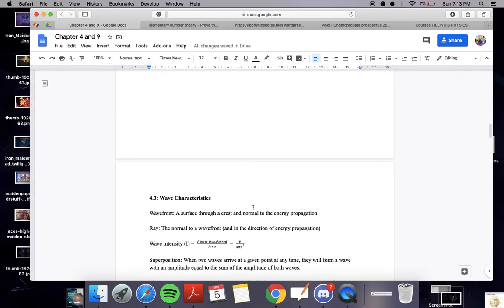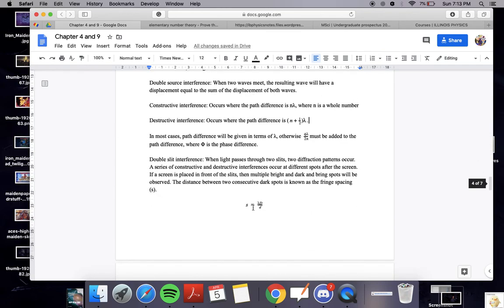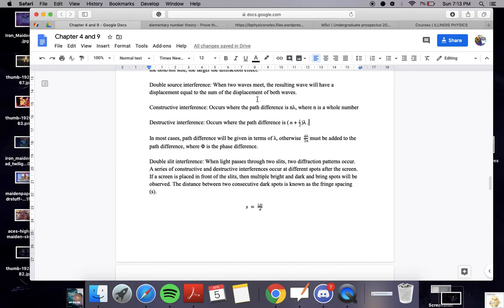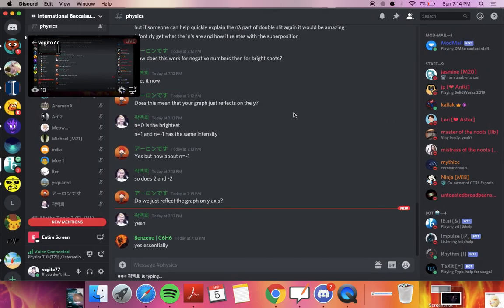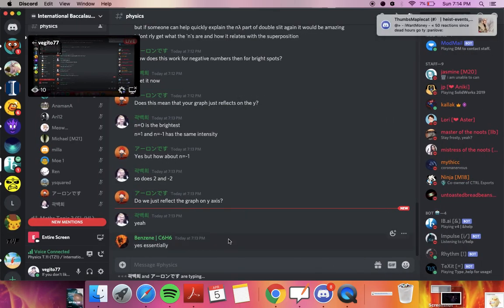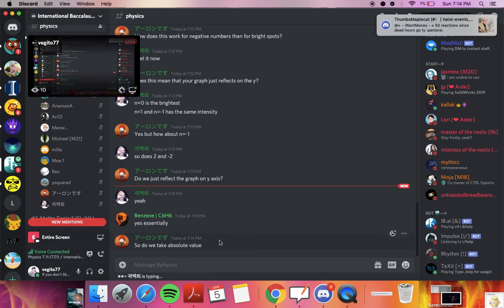When we say n is going to be a whole number, we don't really look into negative integers. So either the path difference is going to be 0 or something greater than that. -1 will be the same as 1. Yeah, you could say we take the absolute value.